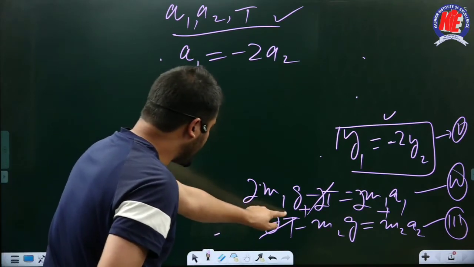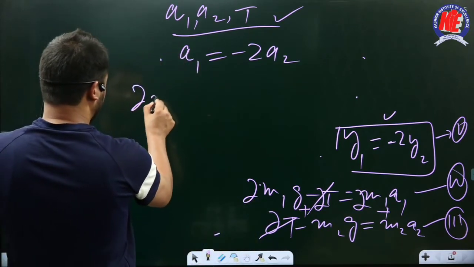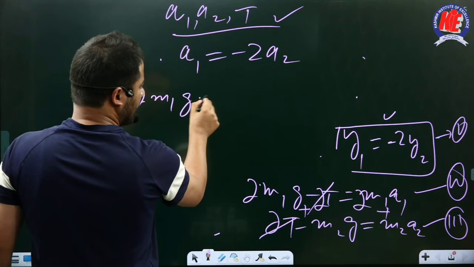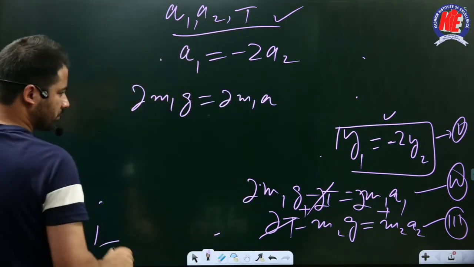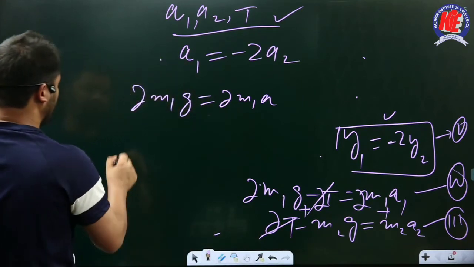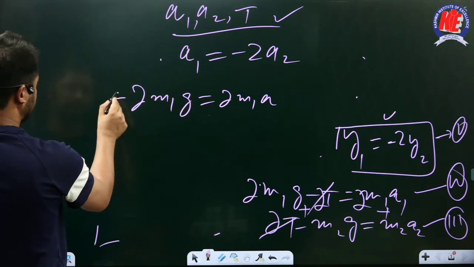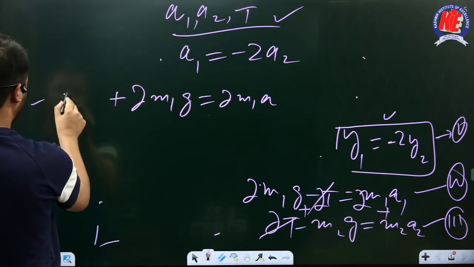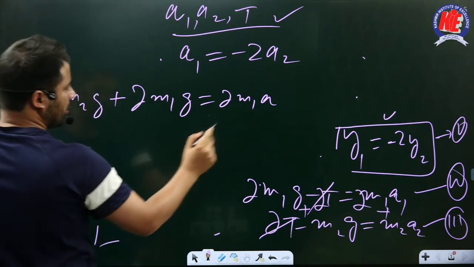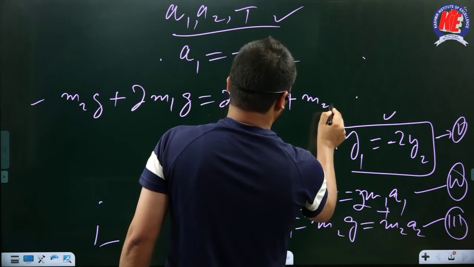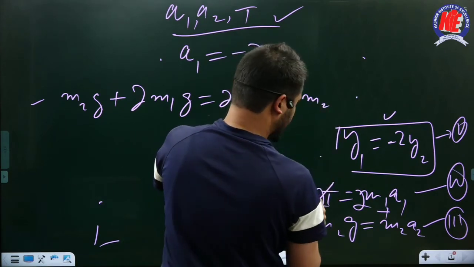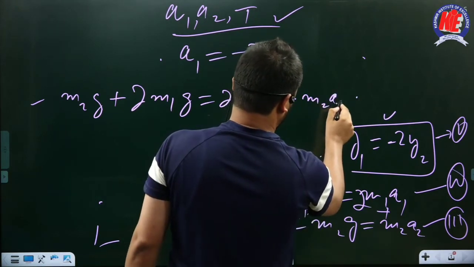Now I will get here 2m1g is equal to m1a1, plus minus m2g plus m2a2.